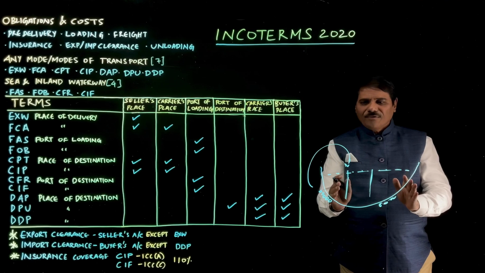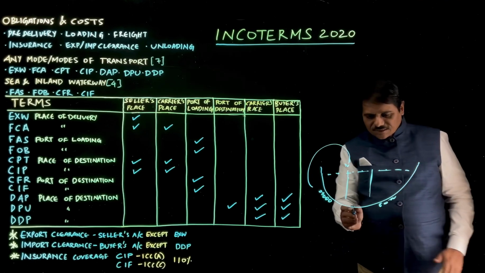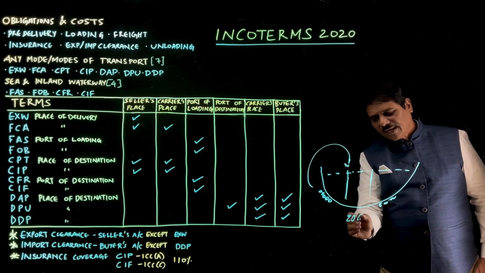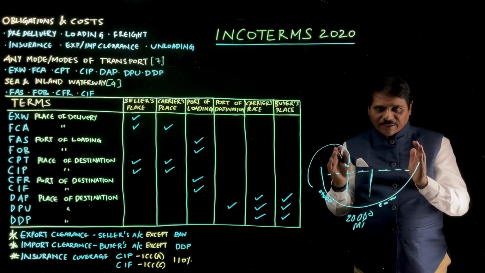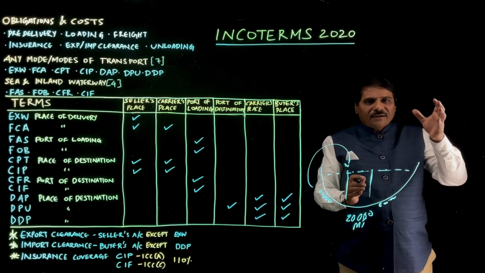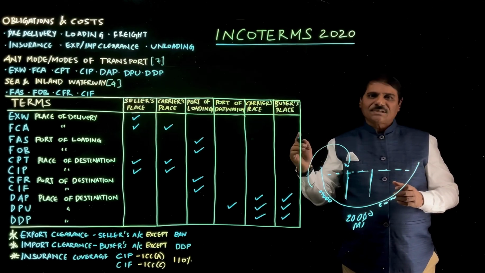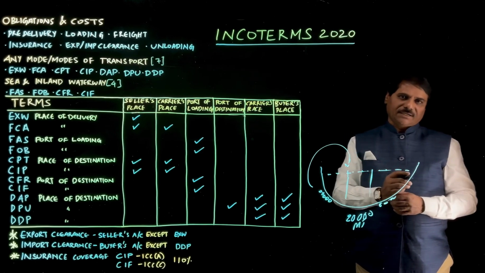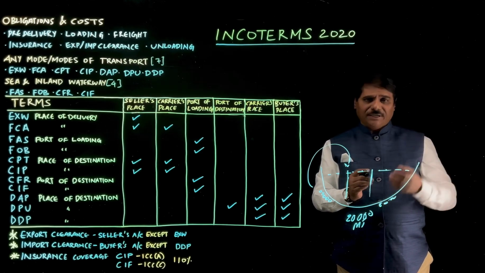See, suppose this ship is capable of carrying 20,000 metric tons. The capacity of the ship is say 20,000 metric tons. Suppose the buyer could not find one supplier who can supply the entire 20,000 metric tons, but the buyer needs 20,000 metric tons.